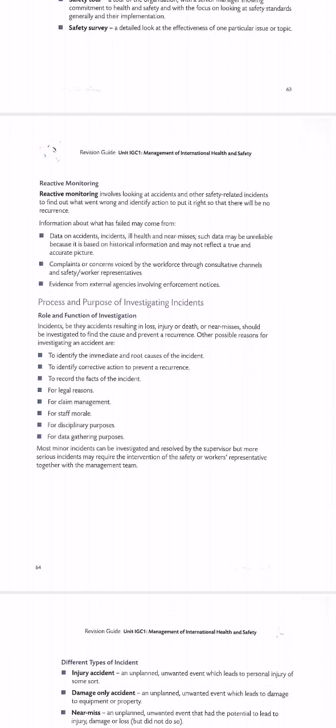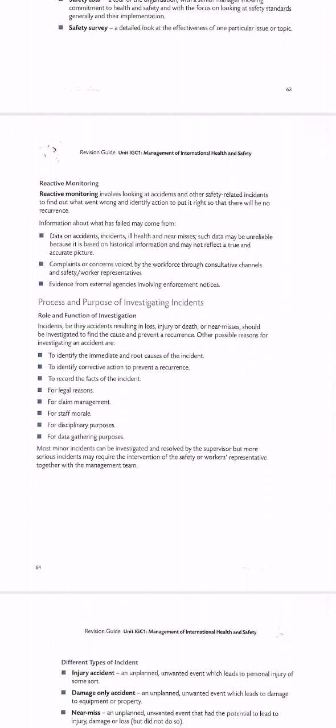Then information about what has failed may come from... So how can we get information about what has failed, right? Let's say reactive simply means that if an accident happens, you want to know the cause of the accident, or let's say there is a fire, to know the cause. How can you know the cause?